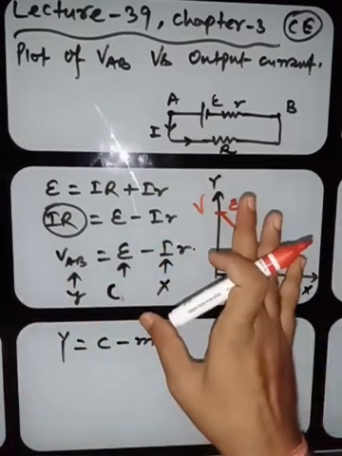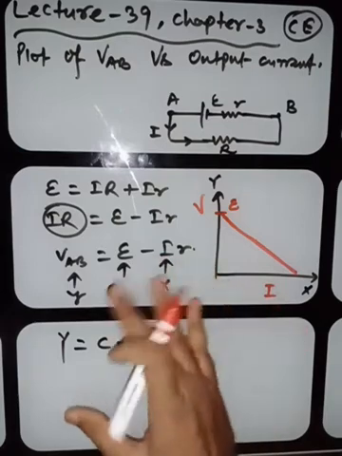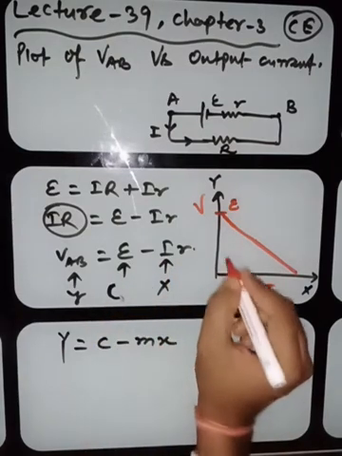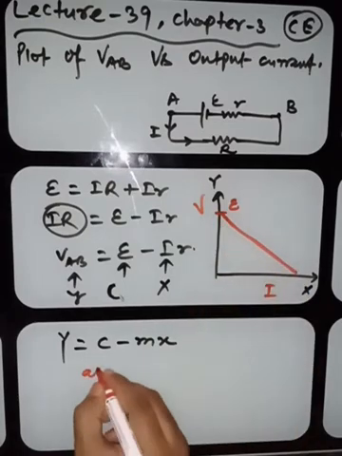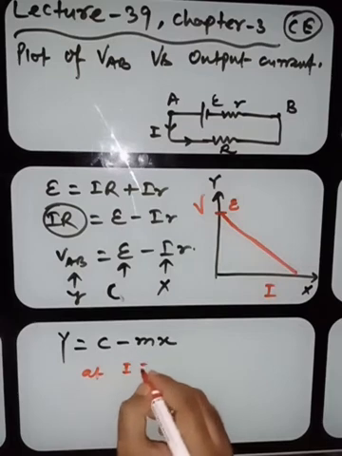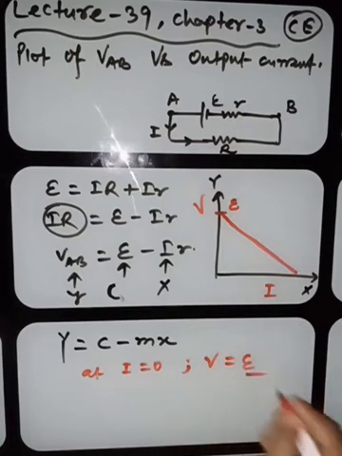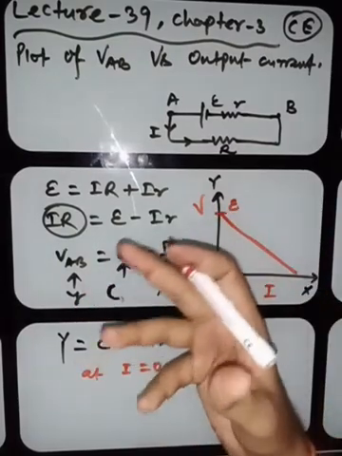Remember, my dear student, whenever you are required to find the EMF of the cell, the voltage at I equals 0 is the EMF. You will be asked several numerical questions on this.